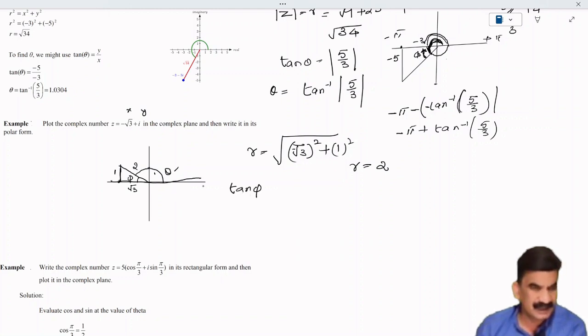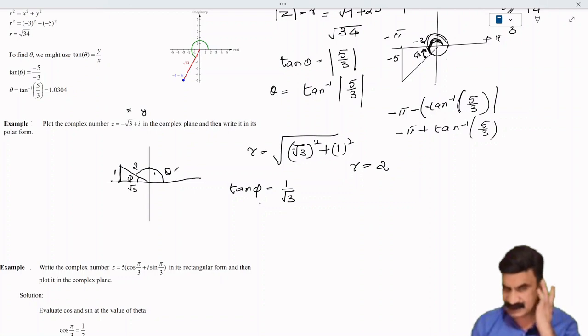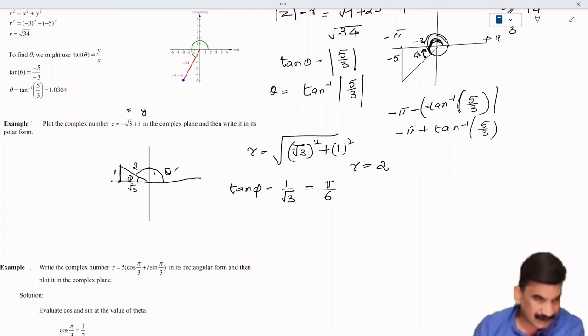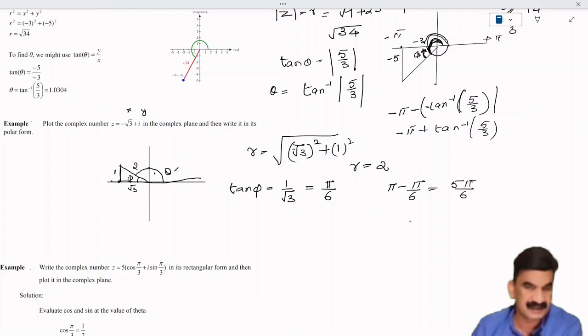So tan phi is 1 by root 3. Now 1 by root 3 is 30 degrees, so it is pi by 6. But this is not my argument. My argument is, from pi, I will have to reduce this angle. So pi minus pi by 6, which will be 5 pi by 6.